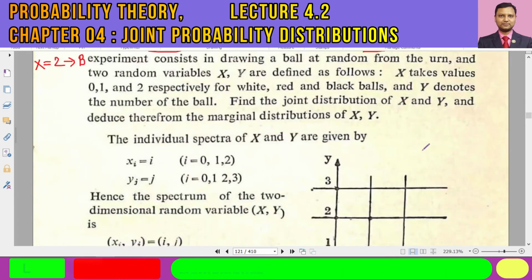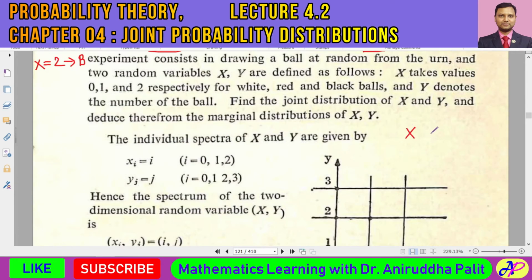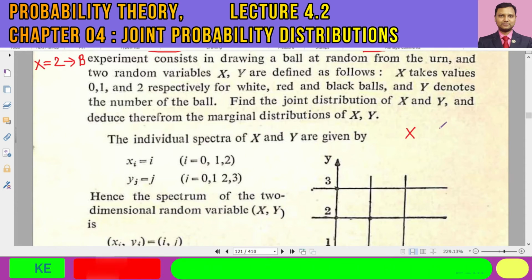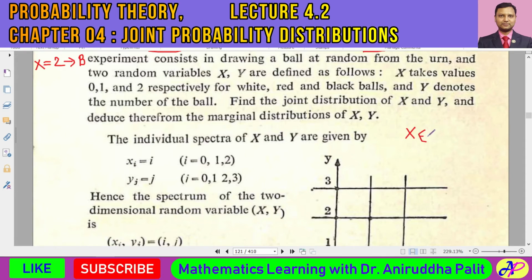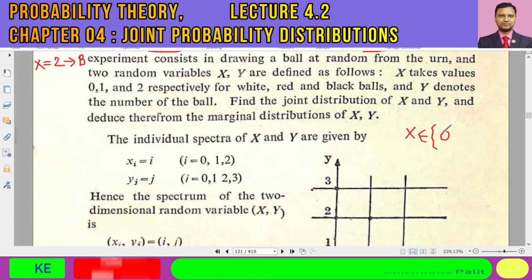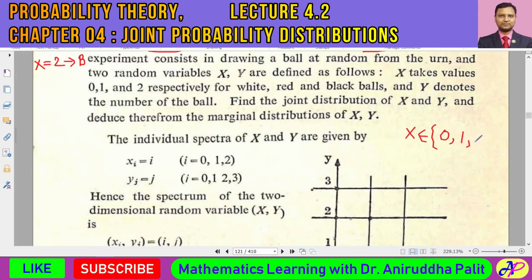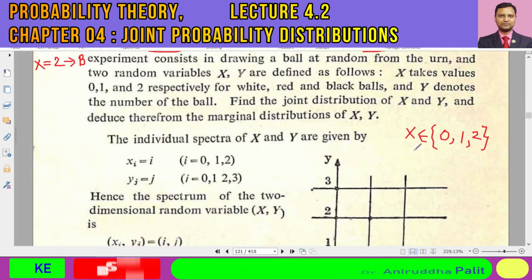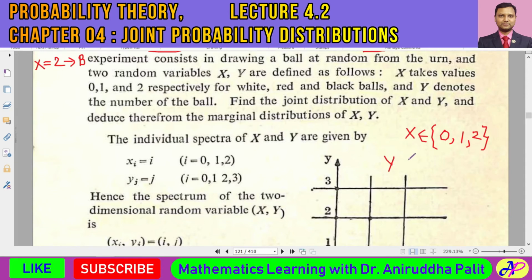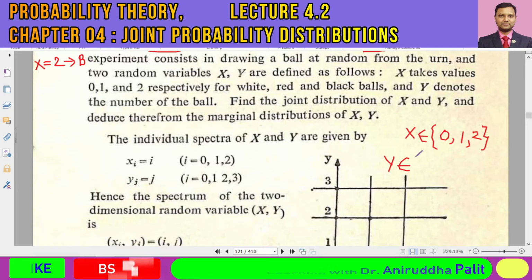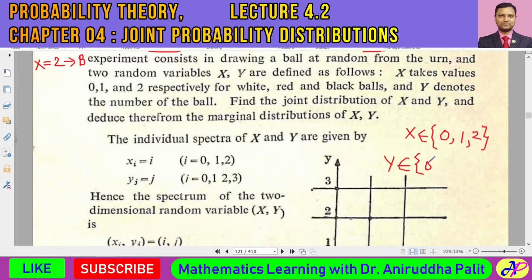So X can take values from the set {0, 1, 2}, and Y can take values from the set {0, 1, 2, 3}. That's why we are writing these grids of X and Y.